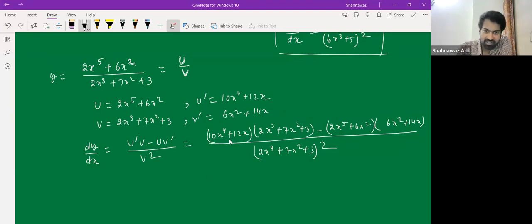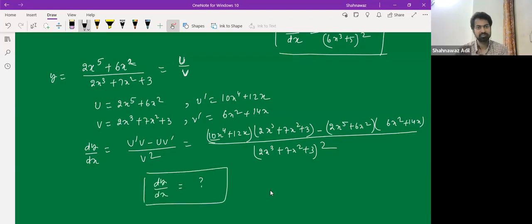So 10x to the power 4 times 2x cubed, so 20x to the power 7. This would be your practice, so solve it further. You understood what we need to do. So this part is done for the polynomial part.